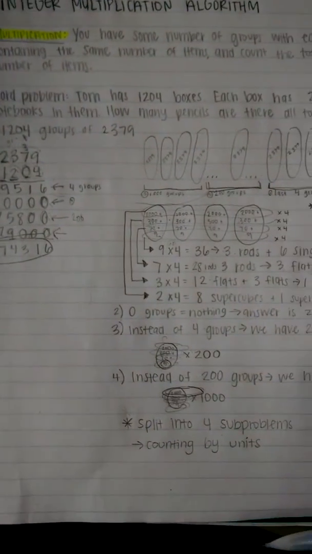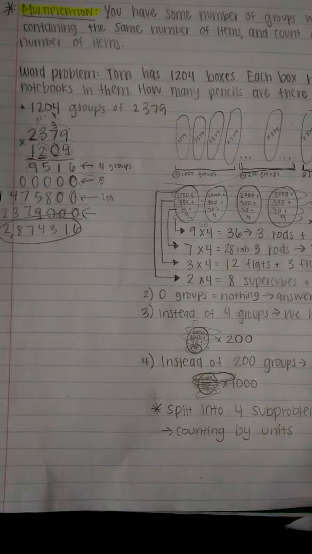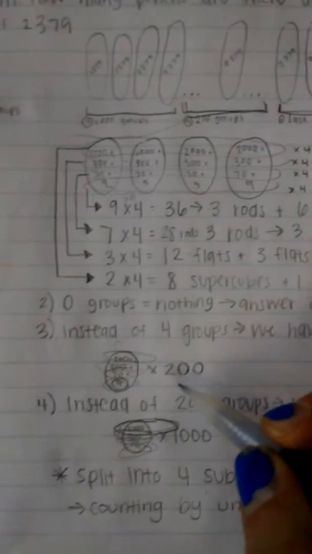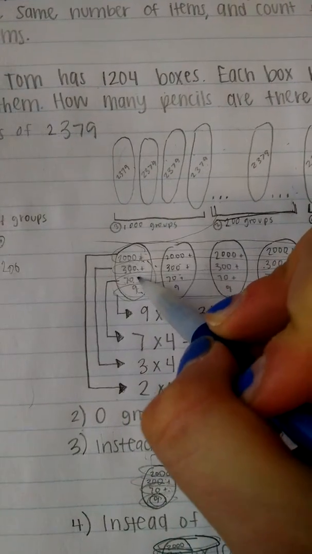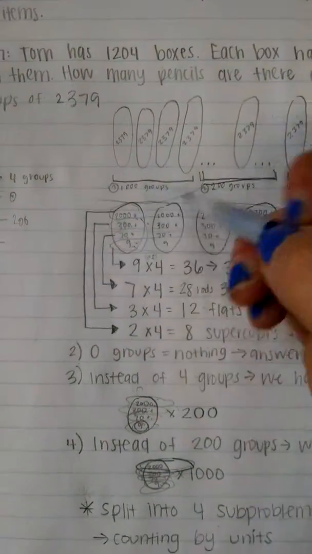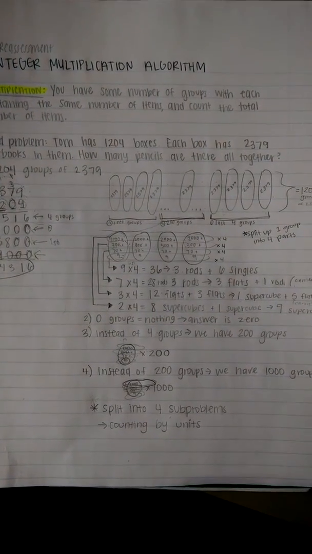So you can split it into 4 problems, counting by units, and counting in each box the 2,000, the 300, the 70, and the 9. We just split those numbers up to give you a better understanding. Thank you.